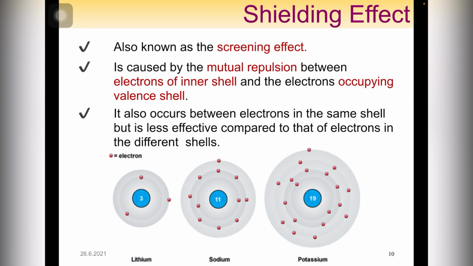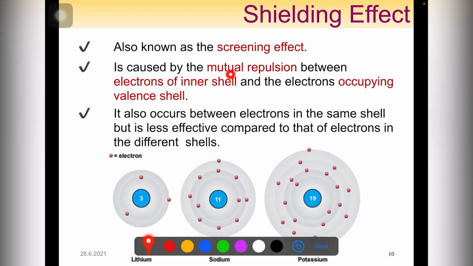For the second point, the screening effect is caused by the mutual repulsion between the electrons of the inner shell. This is the inner shell. The last shell is the outer shell, with the outer electron, which we call the valence electron. We know that the charge of the electron is negative.